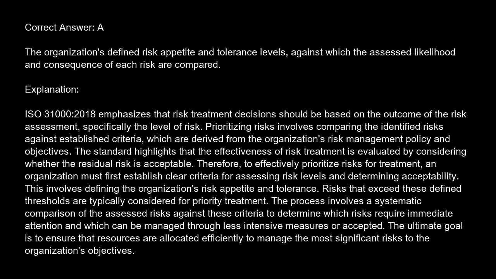Risks that exceed these defined thresholds are typically considered for priority treatment. The process involves a systematic comparison of the assessed risks against these criteria to determine which risks require immediate attention and which can be managed through less intensive measures or accepted. The ultimate goal is to ensure that resources are allocated efficiently to manage the most significant risks to the organization's objectives.